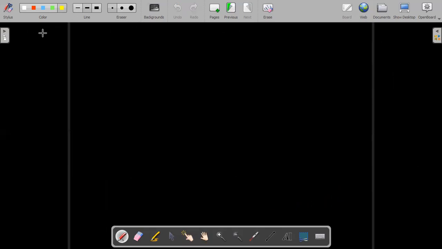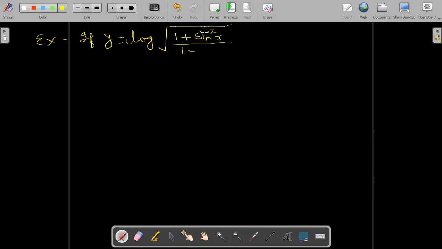Next, an extra question, then we will start the exercise. Our question is: if y is equal to log of the square root of (1 plus sin x) divided by (1 minus sin x), then find dy by dx.